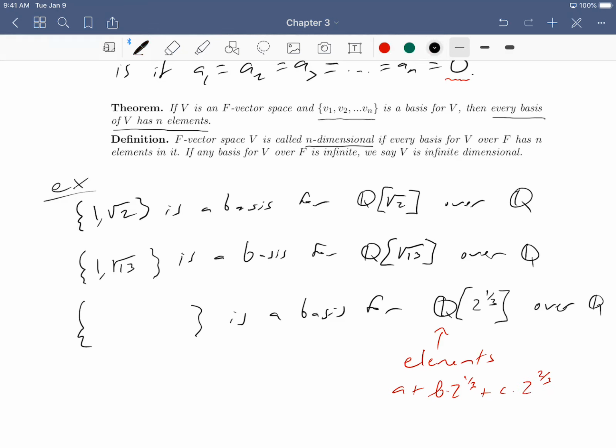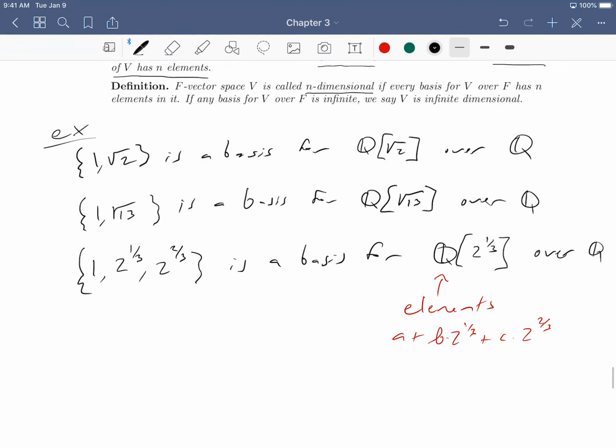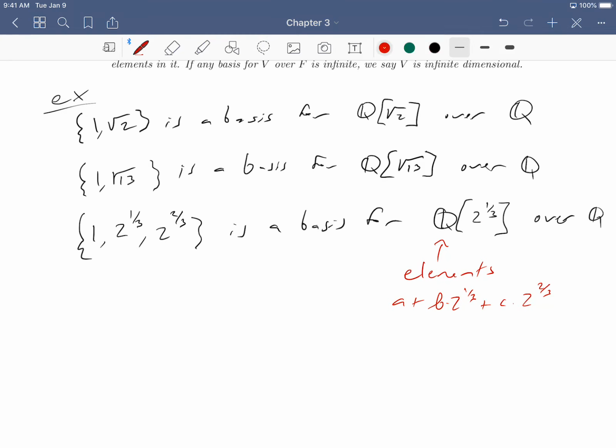And so that should give you the idea of our basis. It's going to be 1 for that rational term. Then we need a 2 to the 1/3 term and a 2 to the 2/3 term. Okay, and so what we're saying here is these were 2-dimensional, and this guy is a 3-dimensional vector space.